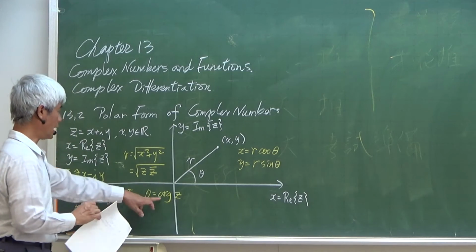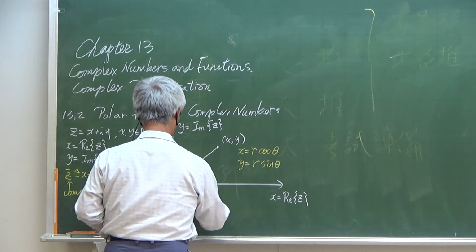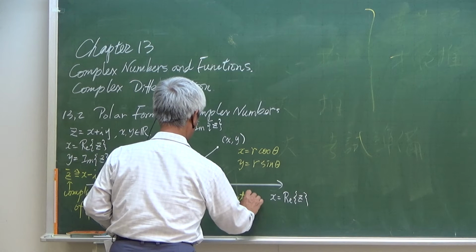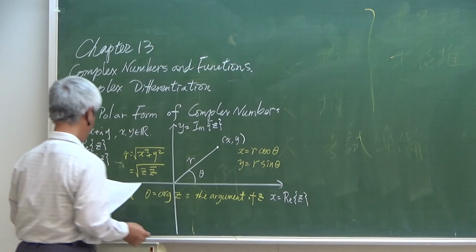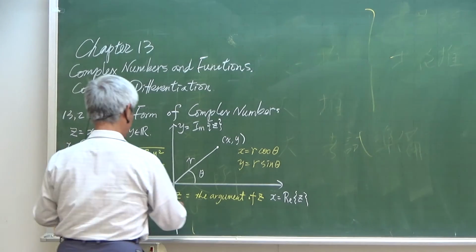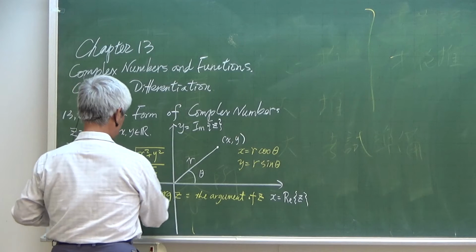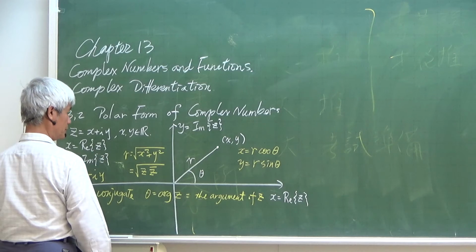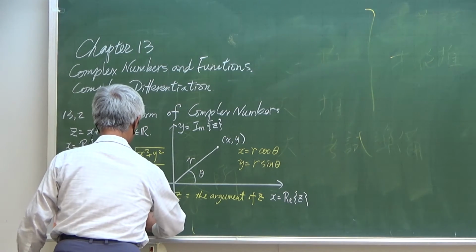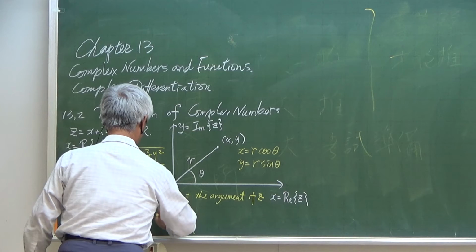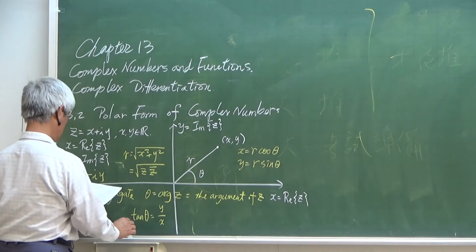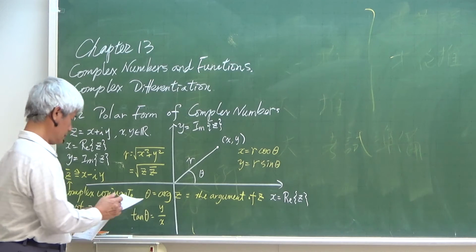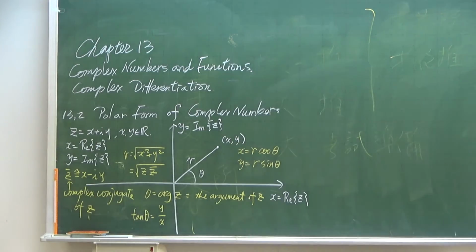So we say the argument. So this is the argument. Okay, so we just denote theta as the argument of z, and so we know that tangent of theta actually is y divided by x. Okay, this is the theta.